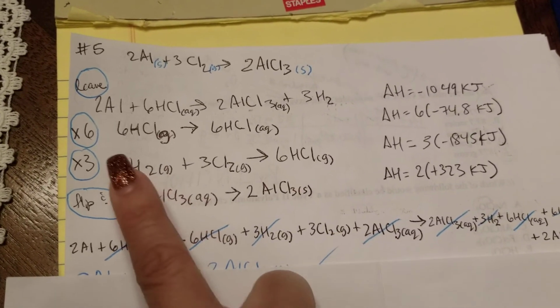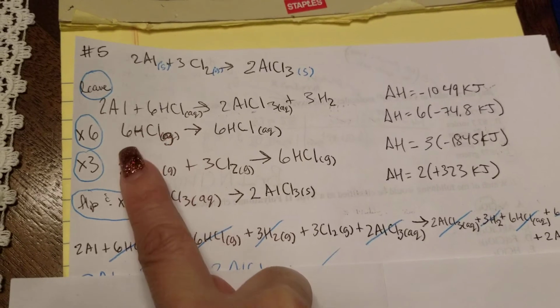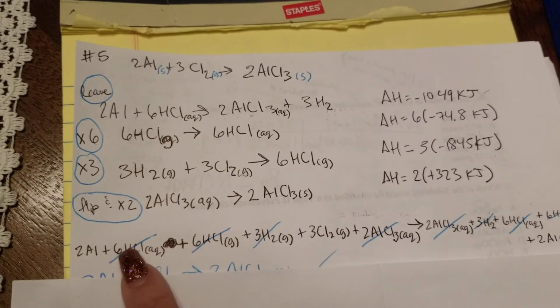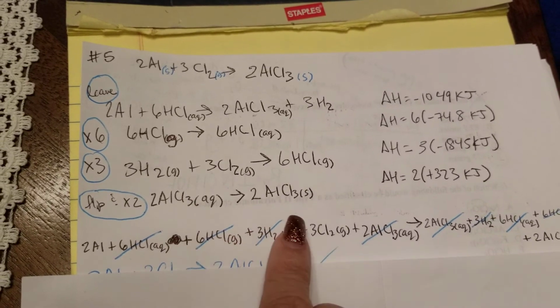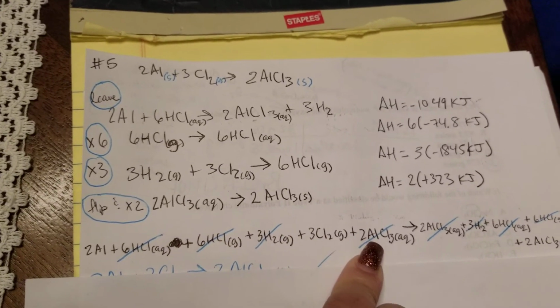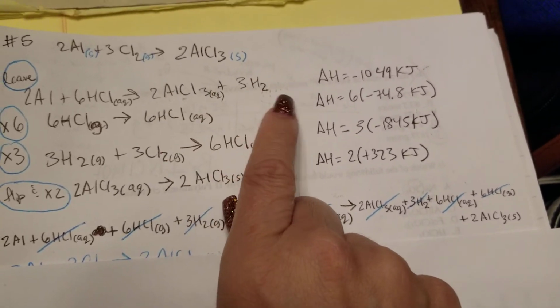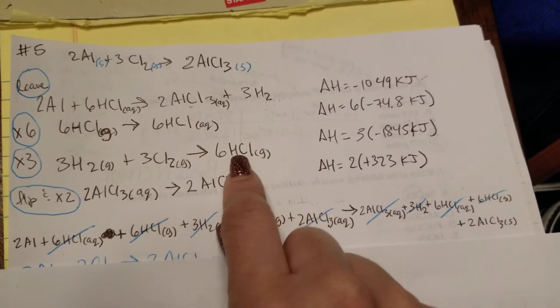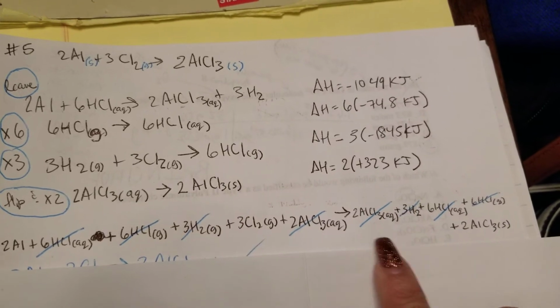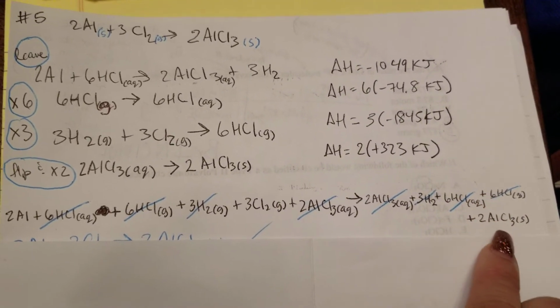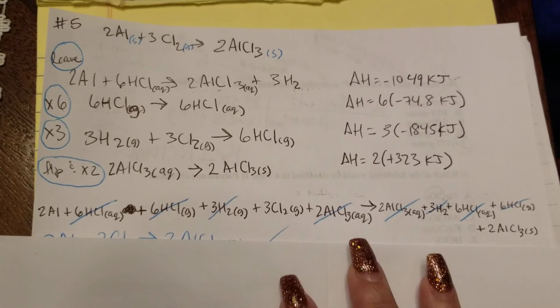All of that is right here. 1, 2, 3, 4, 5, 6 reactants. And then on the product side, 1, 2, 3, 4, 5 products.